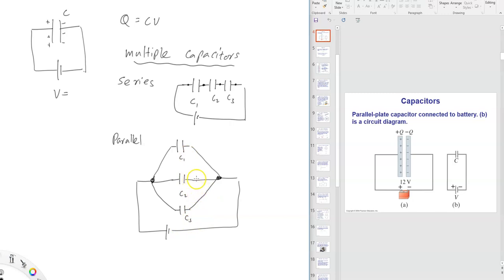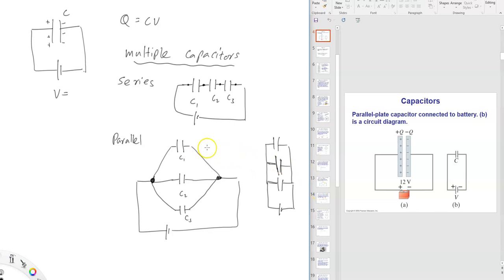That's a parallel connection. We can also draw it like this, with the 3 capacitors connected with all the left plates in one line and all the right plates in another. Then we connect the battery like this, and the battery is also parallel with all three. The left side of the battery is common to all the capacitors' left sides.